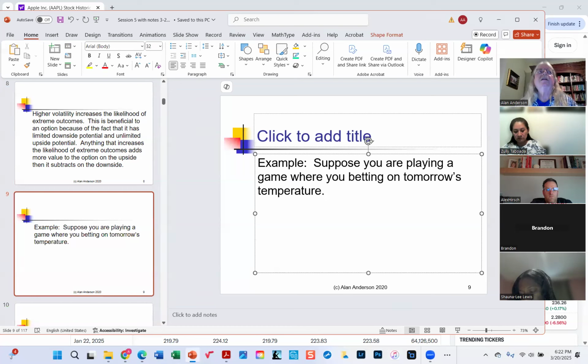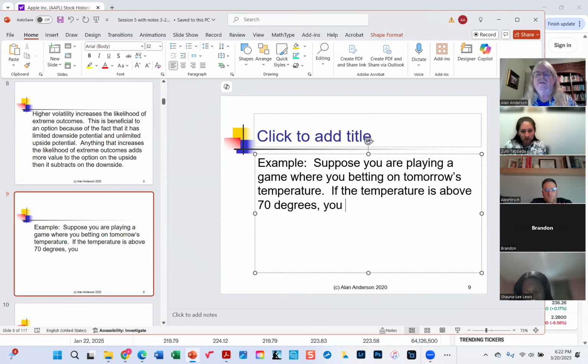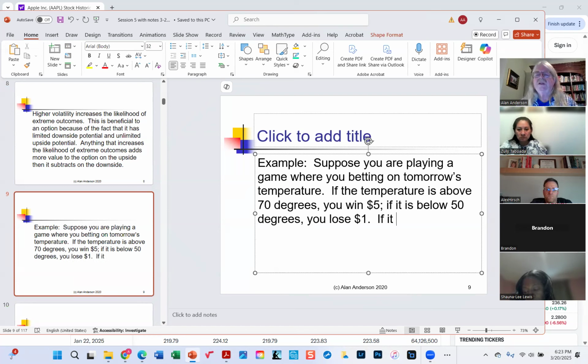And the way the game works is that if the temperature is above 70, you win $5. If it is below, let's say 50, you lose $1. If it is in between, you win nothing. So in a game like this, the last thing in the world you want is for your temperature to stay stable.